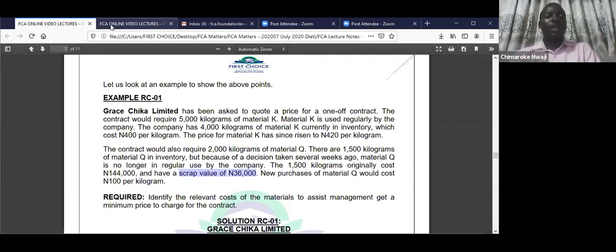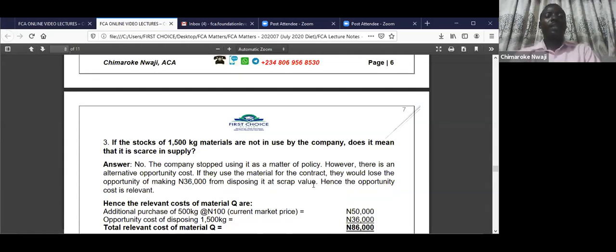So we look at the answer here. It says, hence the opportunity cost is the relevant cost. So how do we calculate the relevant cost of material Q? The first one is the additional purchase of 500 kg at 100 naira, and we got the market price for the relevant cost as 50,000. Then we say opportunity cost.